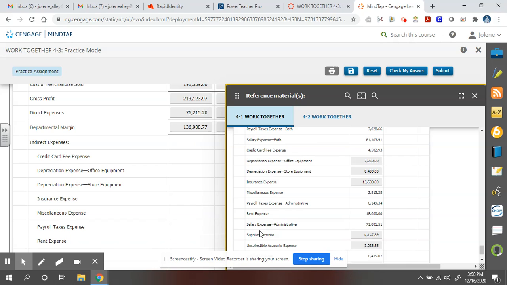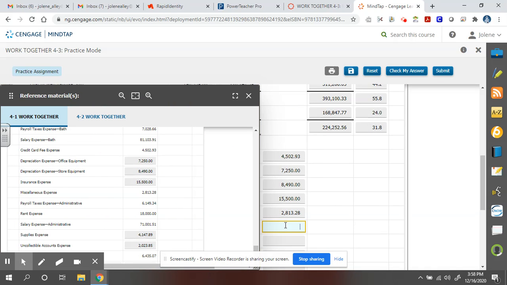And that's all it says, but here it says administrative. So I guess we'll have to take that. $6149.34.